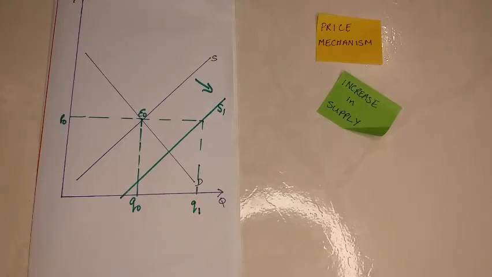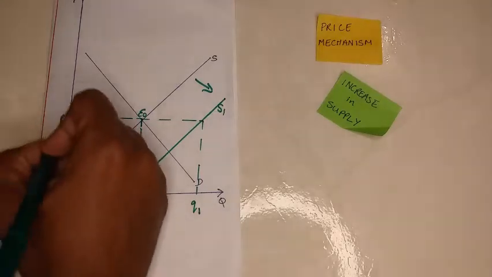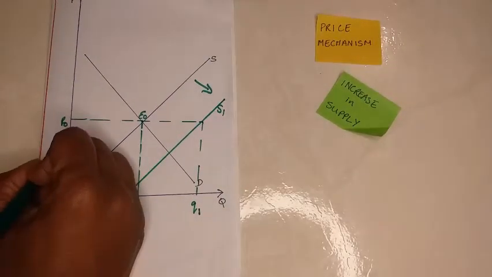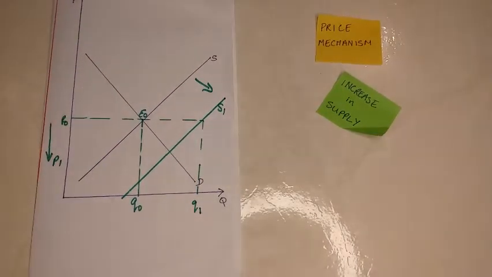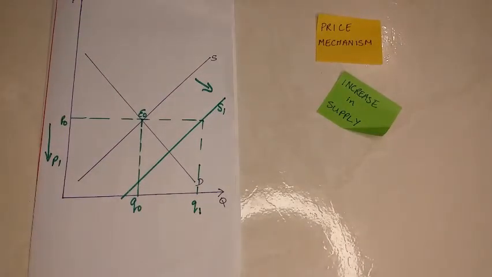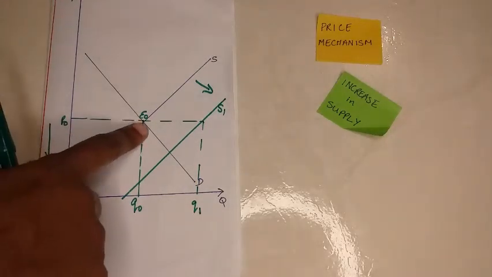And do you remember what happens when we have a surplus? Price has to fall to get rid of the excess supply. So price will have to fall to a new price P1. And what happens when price falls? When price falls, remember the law of demand. When price falls, quantity demanded would increase.